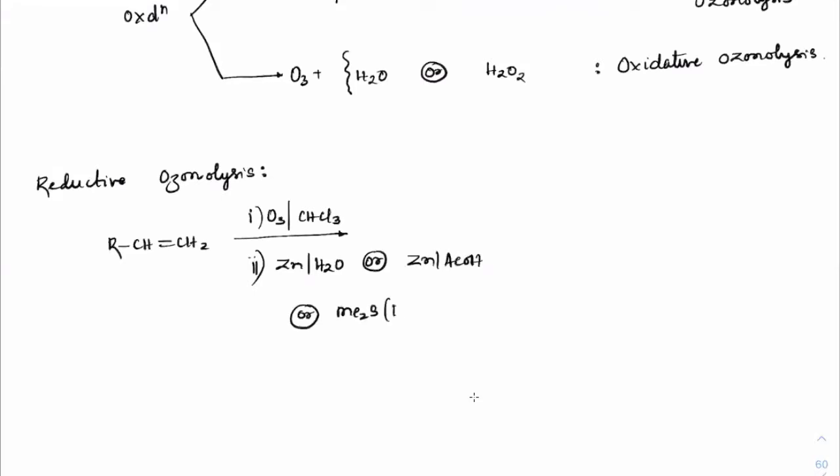Me2S means dimethyl sulfide, DMS. Any of these reagents will give a controlled oxidation. So on oxidation, what do we get here? This will undergo oxidation to give RCH double bond O plus HCH double bond O. So it will end up at aldehydes.